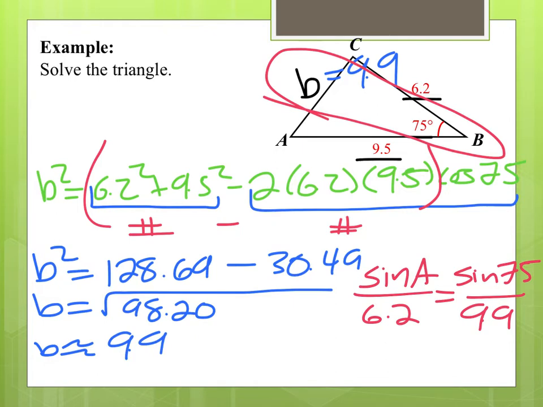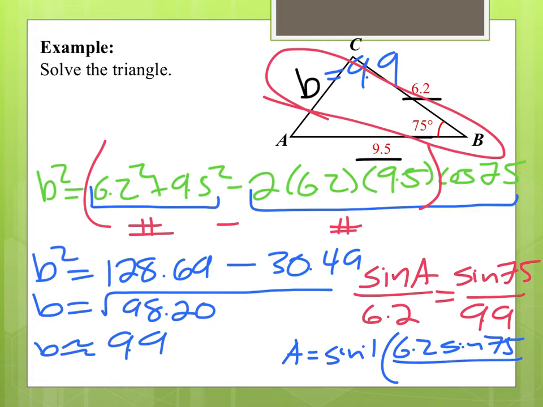So I'm going to get A is equal to the sine inverse of 6.2 times the sine of 75 divided by 9.9. Running out of room, I'll write my answer up here: angle A is approximately 37.2 degrees.